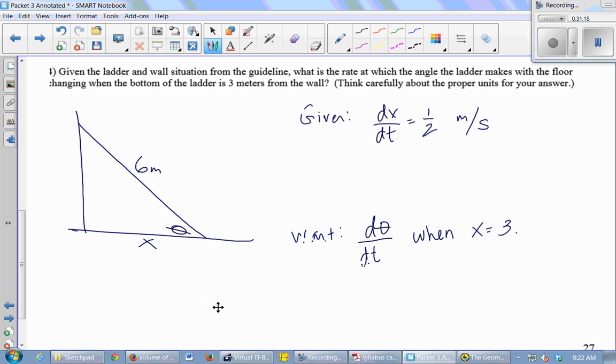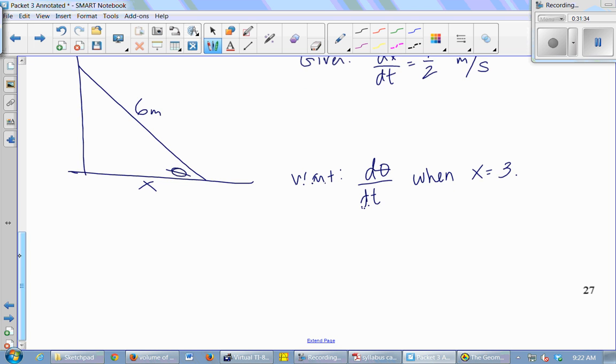All right, what equation could I write that will relate my two important variables of theta and x? Cosine theta. The cosine of theta is adjacent over hypotenuse, x over 6. Then I take d/dt of both sides.